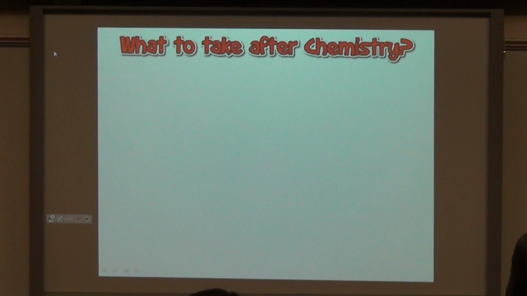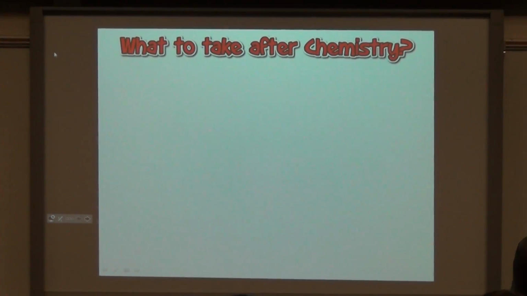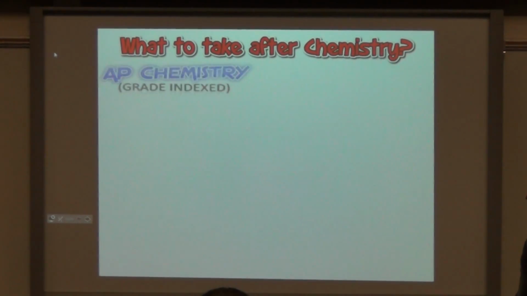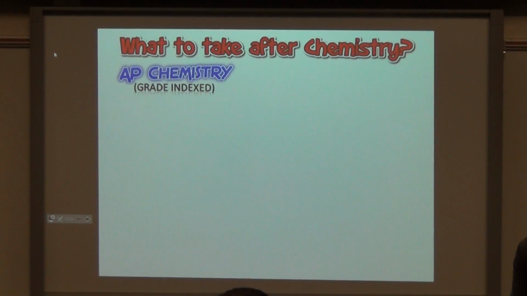Just a slight detour real quickly. I think most of you have already seen most of these options, but just to give you a quick refresher, a quick overview of what your options are. You've just taken chemistry, or you're in the middle of it, you haven't killed the beast yet, but you are in the middle of chemistry.